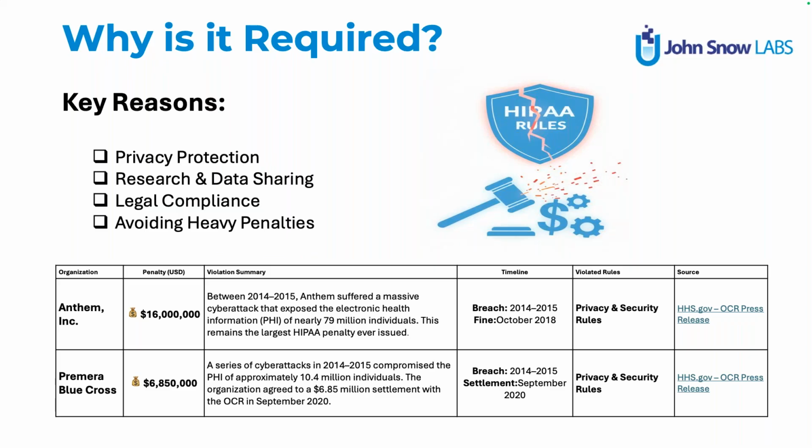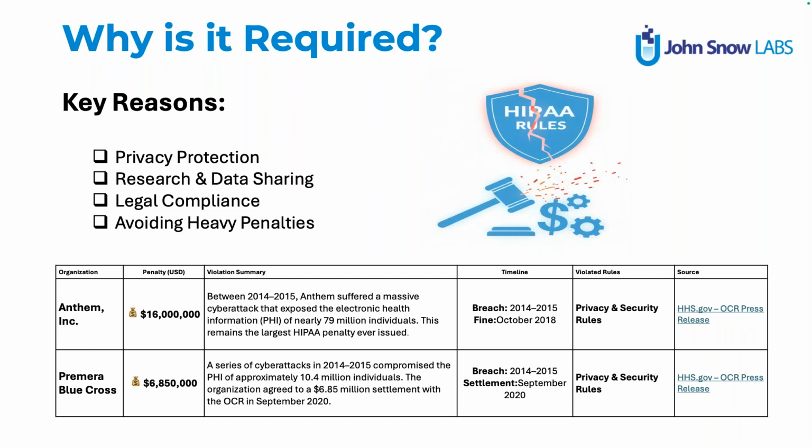Legal compliance. Many jurisdictions, HIPAA in the USA, GDPR in the European Union, PHIPA in Canada, mandate de-identification before processing, analyzing, or sharing. Avoiding heavy penalties. Failure to comply can result in multi-million-dollar fines and reputational damage.